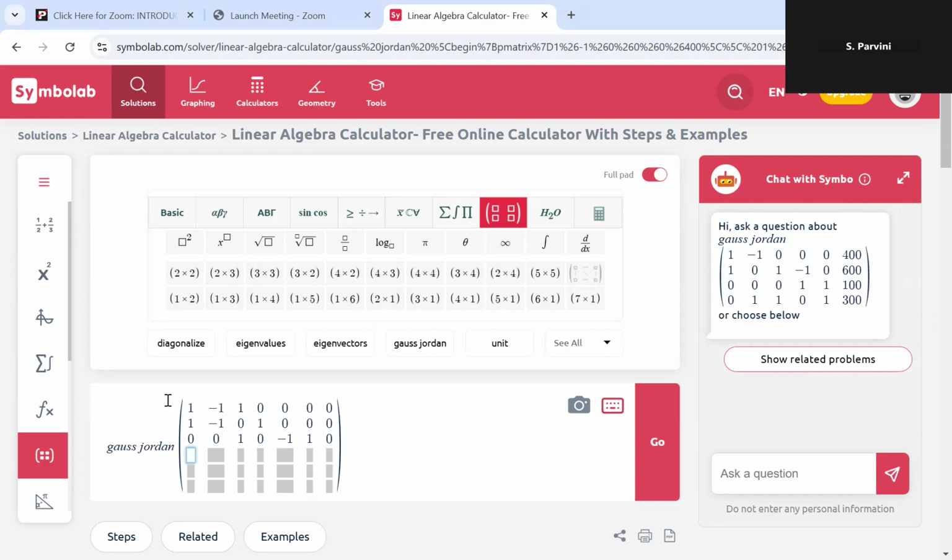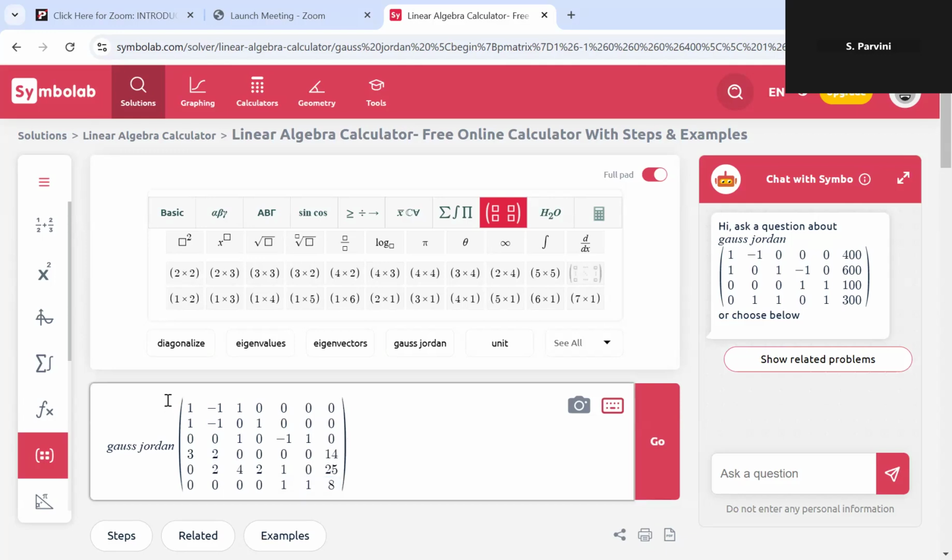The third one is 3, 2, and then 4 zeros. 1, 2, 3, 4, and 14. And then we go 0, 2, 4, 2, 1, 0, 25, and last one, 4 zeros. 1, 2, 3, 4, 1, 1, and 8.